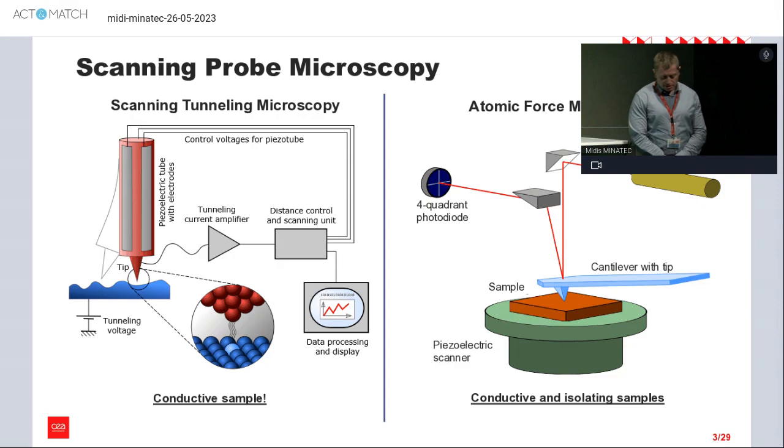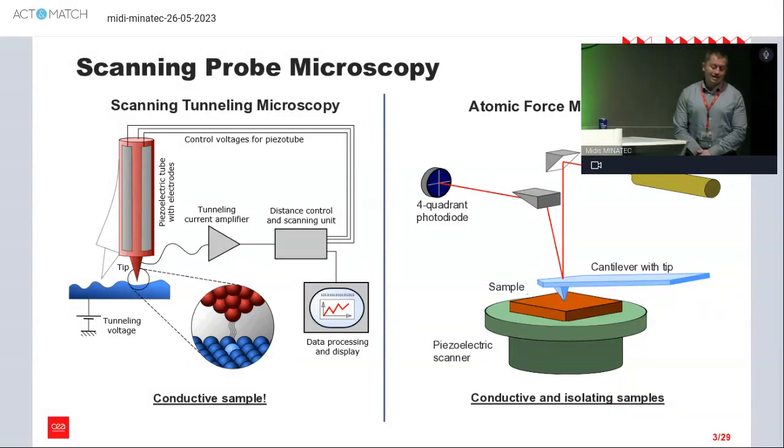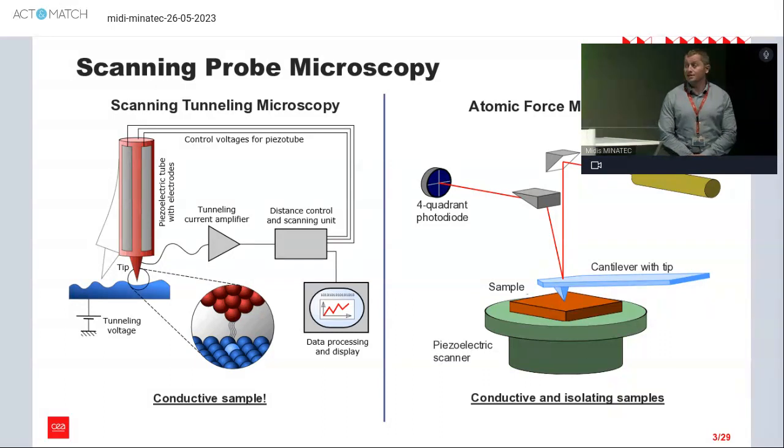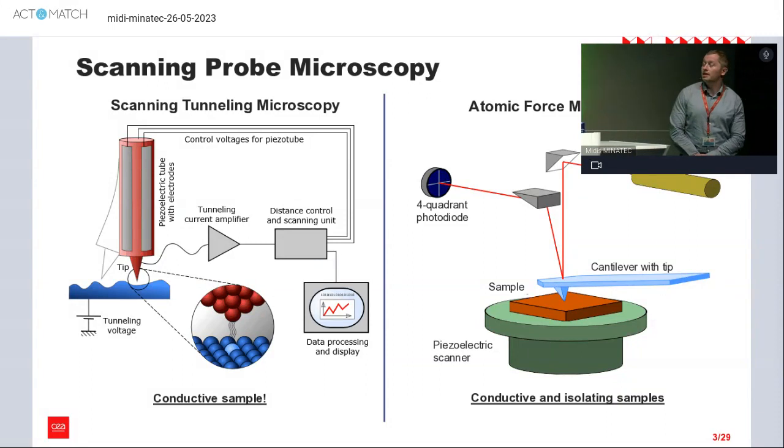So what is the difference between scanning tunneling microscopy and atomic force microscopy? In scanning tunneling microscopy, you have a metallized tip and the sample, and we detect the tunneling current to scan topography. In atomic force microscopy, we have a cantilever and an attached tip, metallized or not, and a detection system by laser.